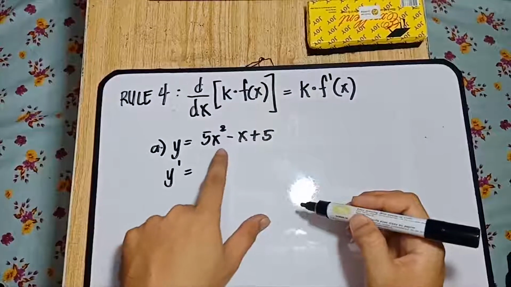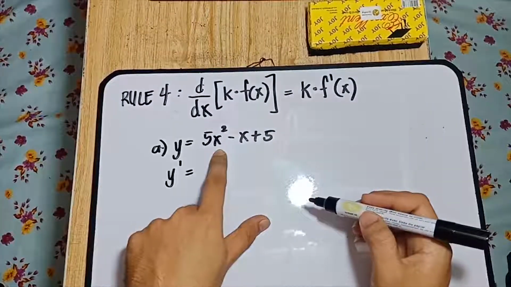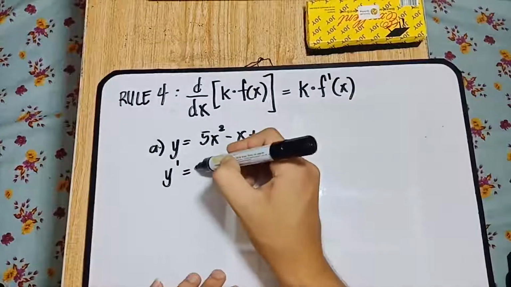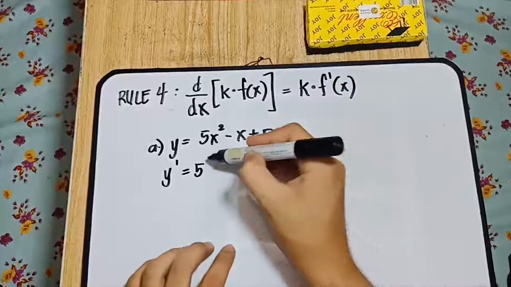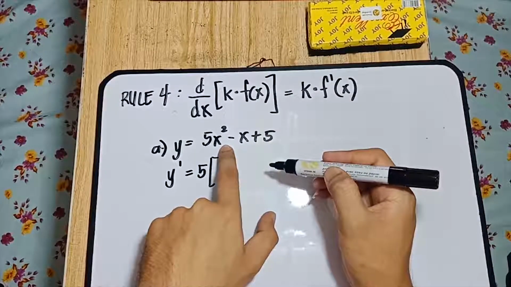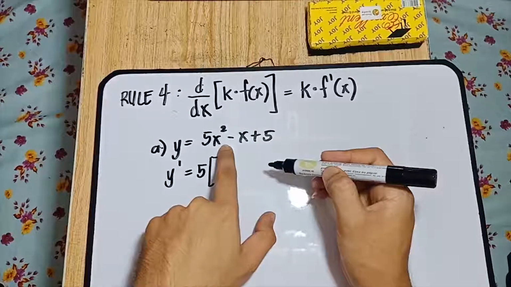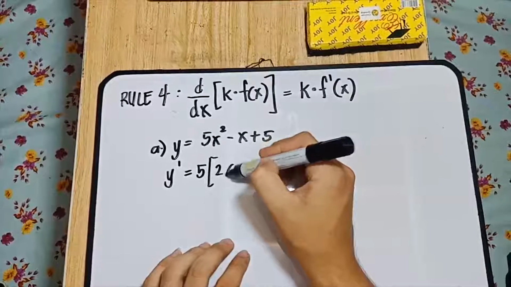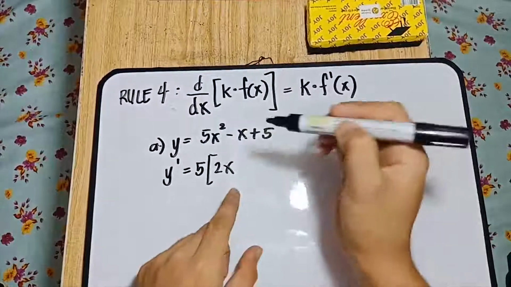So, kung mapapansin natin, may coefficient na yung kaniyang x squared. So, ibig sabihin daw, kukopihin mo lang yan, 5. And then, multiply by the derivative ng x squared, which is power rule. Gagamit tayo ng power rule. So, that will be, bababa ko yung 2, kukopihin ko yung x, mababawasan ng isa yung exponent. So, 1 na lang yan.